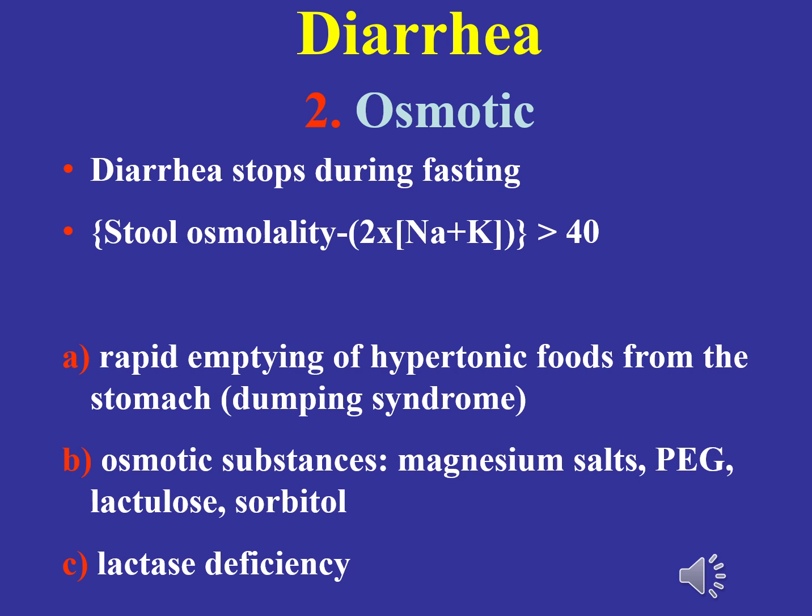There are several causes of osmotic diarrhea. First is dumping syndrome, then the presence of osmotic substances, and lactase deficiency. The first reason, which is the rapid emptying of hypertonic foods from the stomach, is called dumping syndrome. And as you know, the stomach acts as a storage site in the process of digestion.